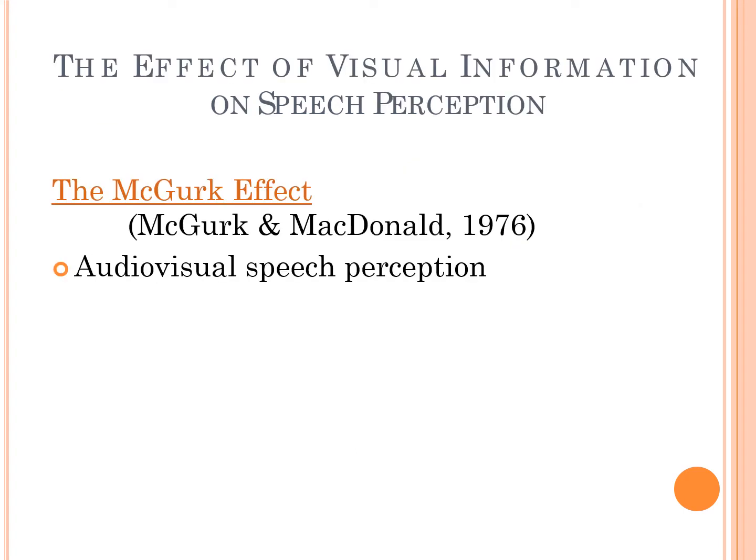When we are working to understand speech, we are using context a great deal. I'm going to show that in just a minute. Another thing: we do everything we can to understand this very complicated speech stream. And one of the things we see is an effect of visual information on speech perception.